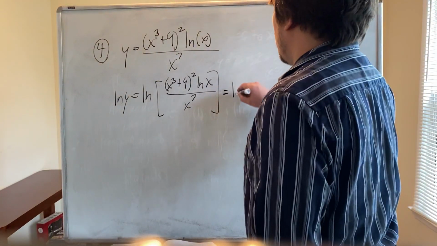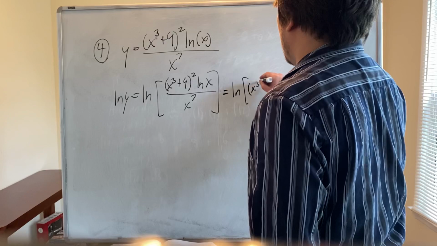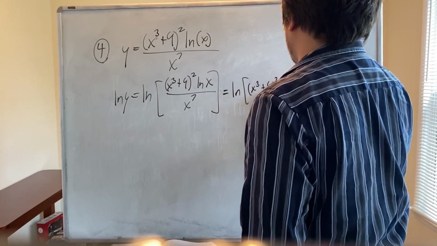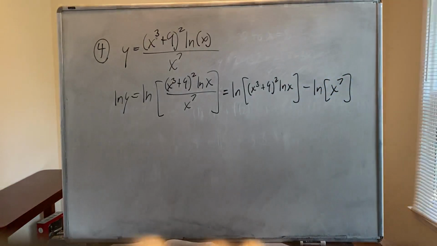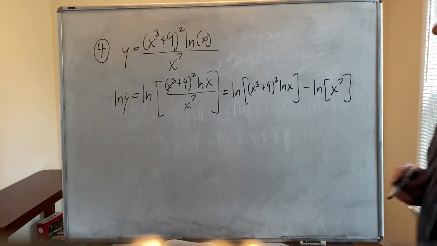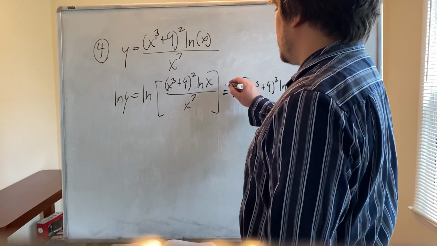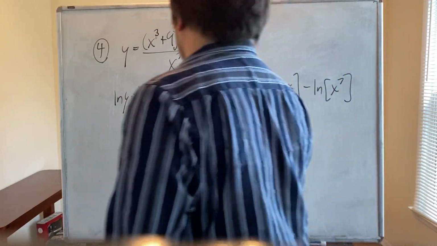That's equal to ln of the numerator, x cubed plus 4 squared ln x, minus ln of the denominator, x to the 7th. Okay, so this is by the second law of logarithms.